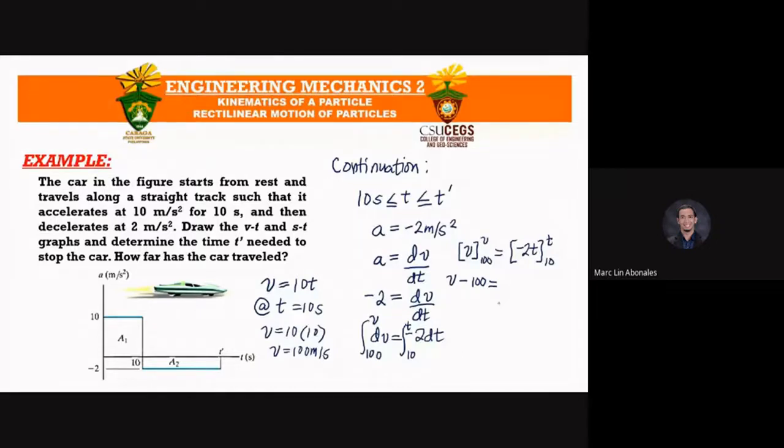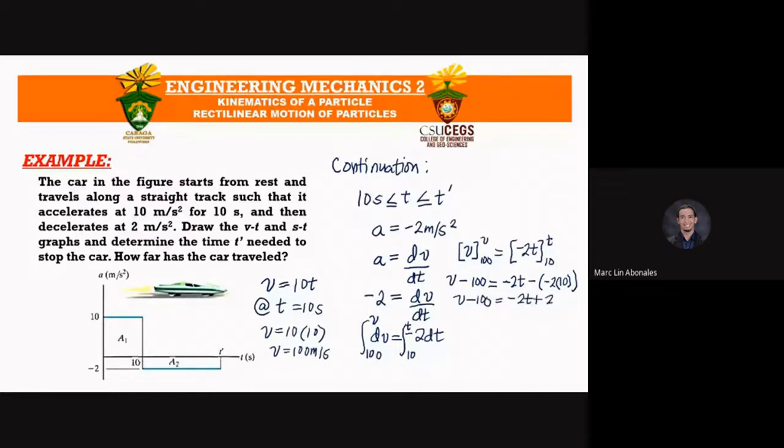The upper limit is t, so negative 2t, minus the lower limit 10, so minus negative 2 times 10. Simplify: v minus 100 is equal to negative 2t plus 20.